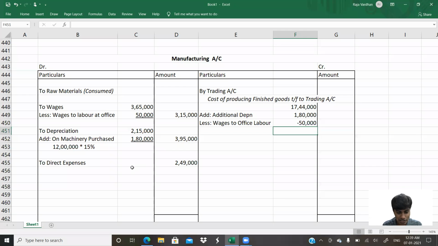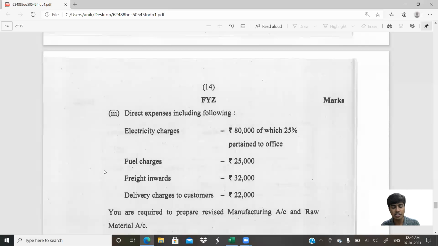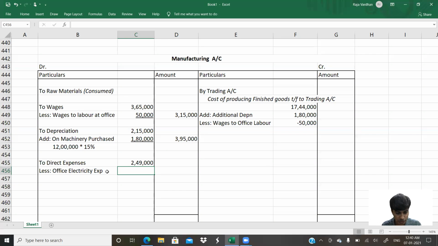So this direct expense, I'll write it in inner column. How much? 2,49,000. What do I eliminate from this? I would have to write less office electricity expense. How much is office electricity expense that I should eliminate? 80,000 into 25%.